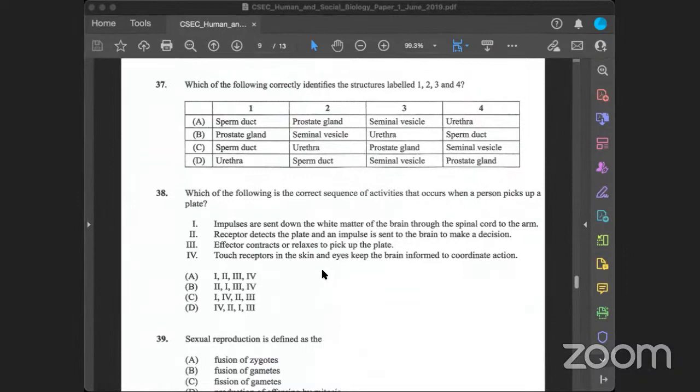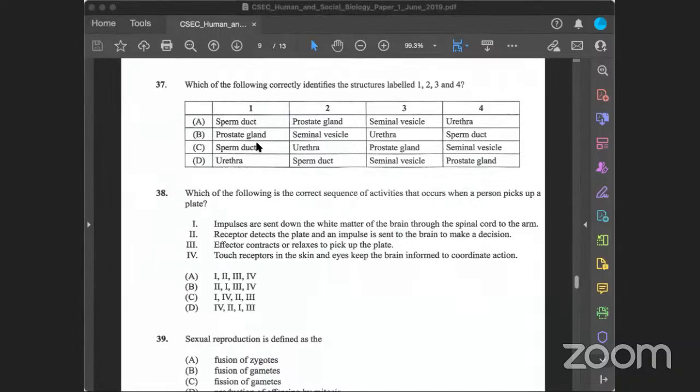So what do you expect to happen first? There should always be a receptor detecting something. Come on, somebody read this question for us, please. Which of the following is the correct sequence of activities that occurs when a person picks up a plate? 1. Impulses are sent down the white matter of the brain through the spinal cord to the arm. 2. Receptor detects the plate and an impulse is sent to the brain to make a decision. 3.